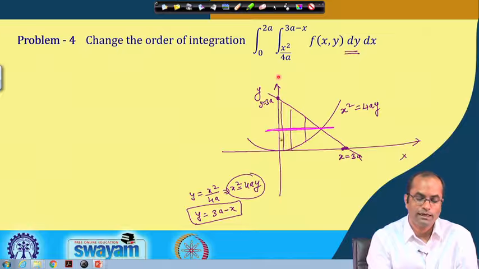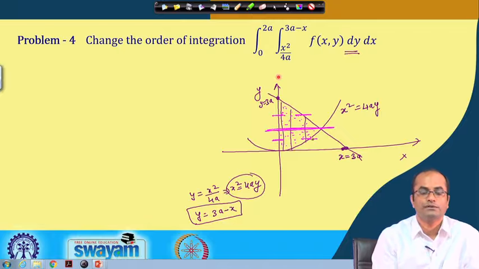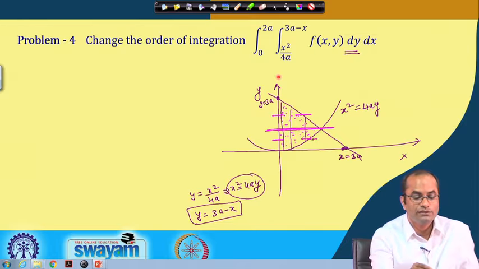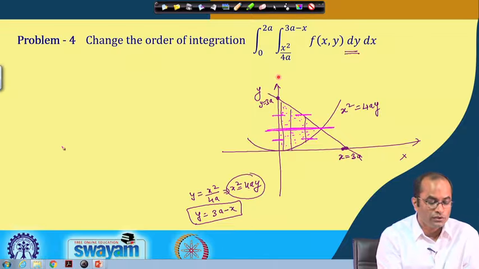In the lower domain here, we have the entry point exactly at x is equal to 0, but the exit is the parabola, and in the upper part of this domain we have the same entry point, x is equal to 0, but the exit point here is again this line. So, there are two different regions we have to consider now if we want to change the order of integration.